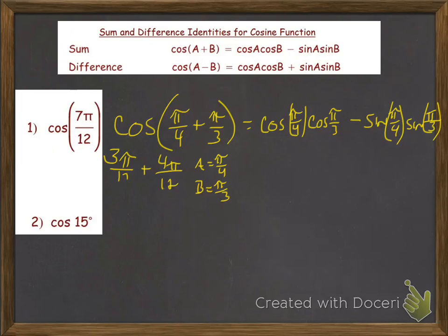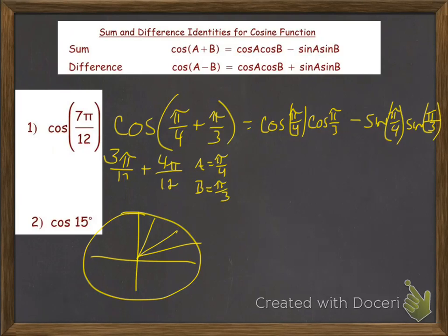And I wanted these to be ones from the unit circle that I can find the trig function of. Remember the unit circle? I'm going to be using pi over 4 in this one. And remember, my coordinate there is square root of 2 over 2 and square root of 2 over 2.